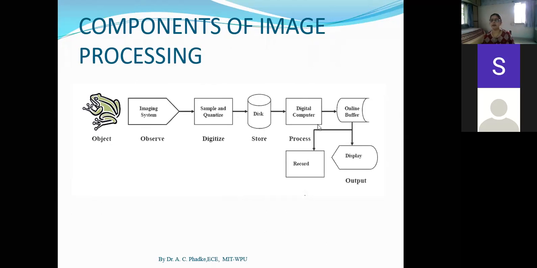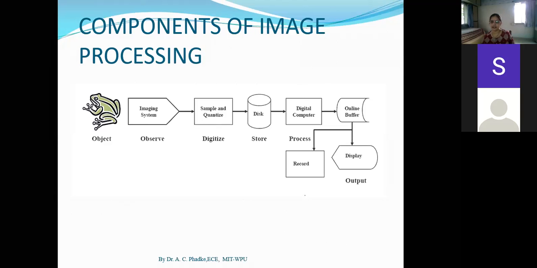Then the next component is the digital computer. This digital computer is a term used here in a broader sense. It can be either a microcontroller or microprocessor system, or any other hardware-based system which has some programming capability, or it can be your desktop machine. This is your digital computer which has some processing capacity.